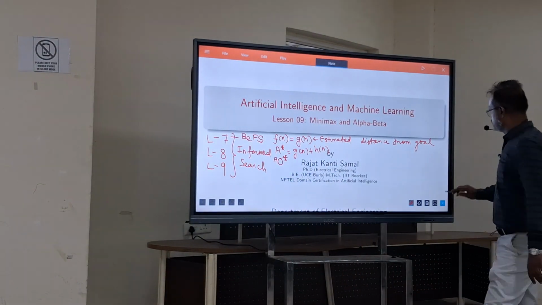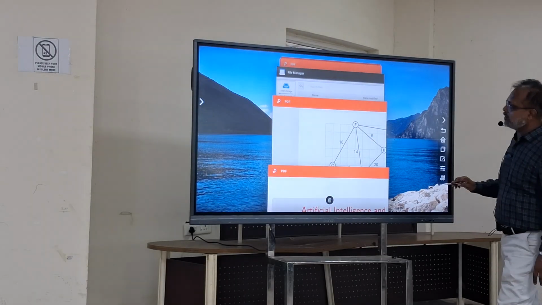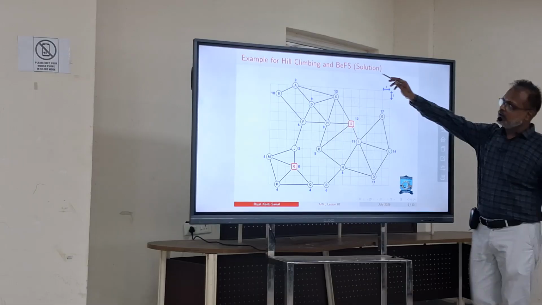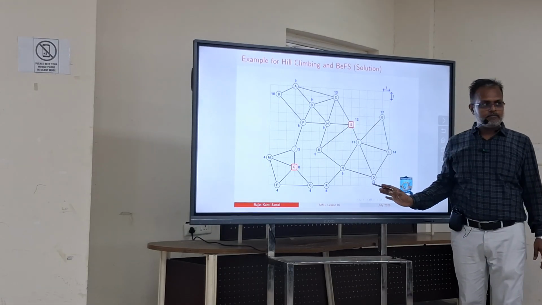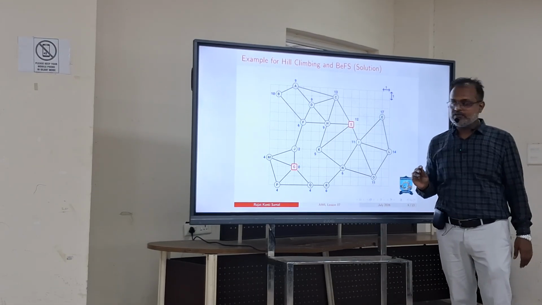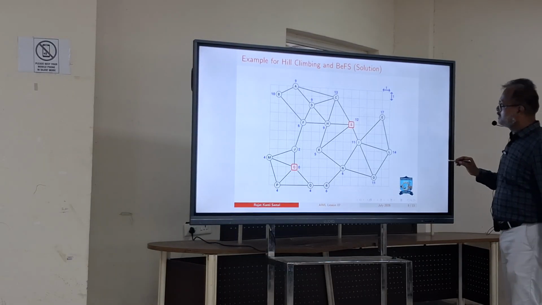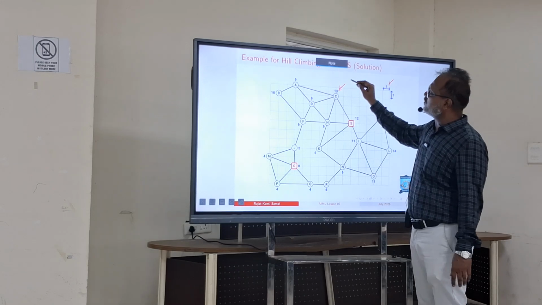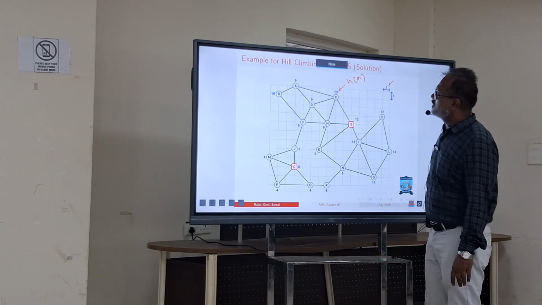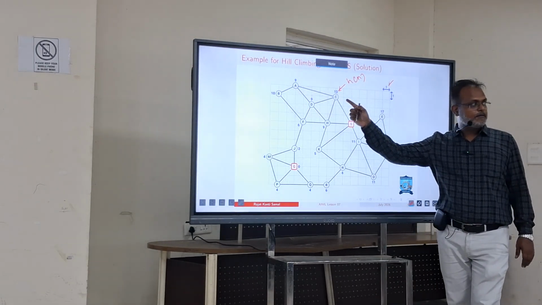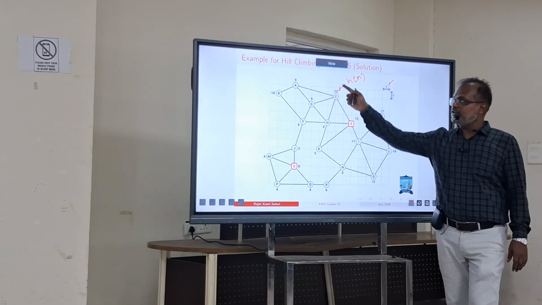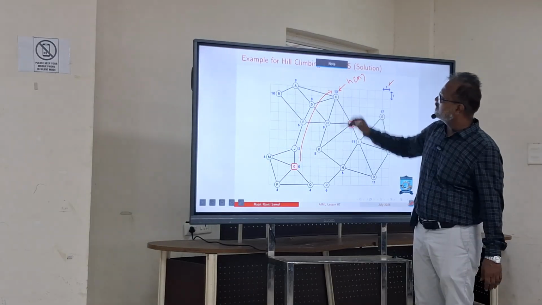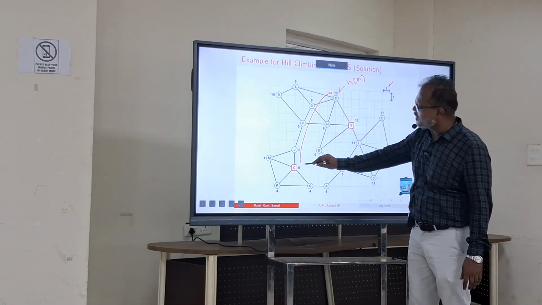As we saw here, this is a typical problem statement for best first search, where you have only, let's call this Hn, the heuristic value of this node, which is the distance from the goal, or you can say the Manhattan distance.